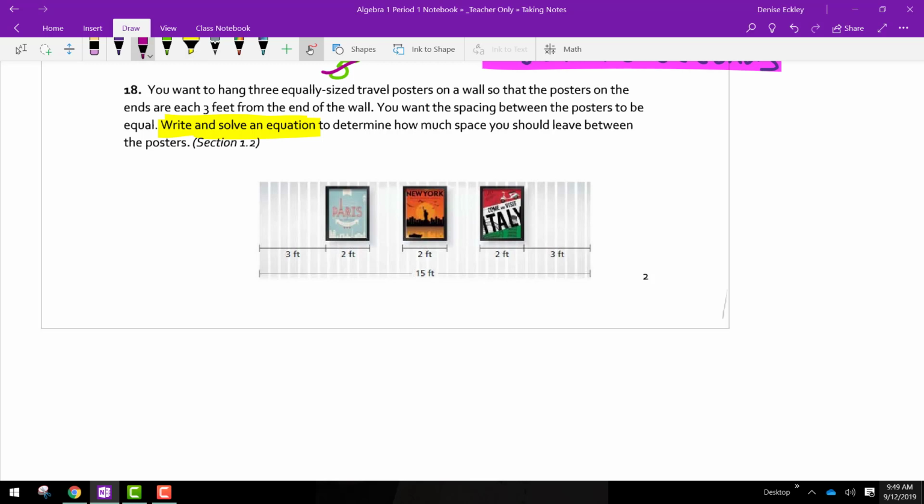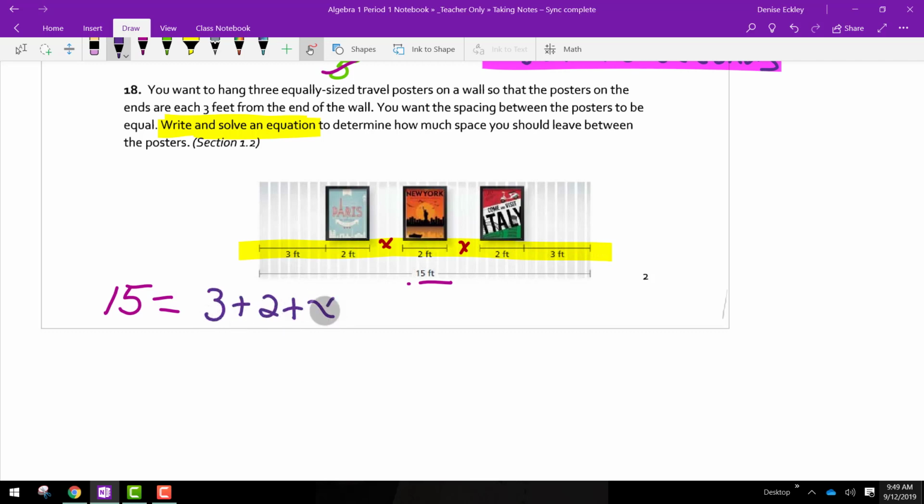So we want to start by creating a variable. So the distance between the pictures is going to be x. X here and here. So to write my equation, what I'm going to see is my total distance is 15. So 15 is going to equal all these distances right across here. So I have 3 feet plus 2 feet plus an x plus 2 feet plus an x plus 2 feet plus 3 feet.